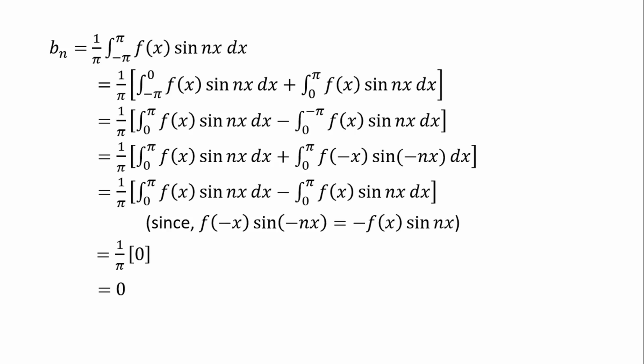That is 0 to pi f(x) sin nx dx minus integration 0 to pi f(x) sin nx dx cancel out and the bracket value becomes 0, so that bn vanishes to 0. Thus only a0 and an survive while bn reduces to 0.